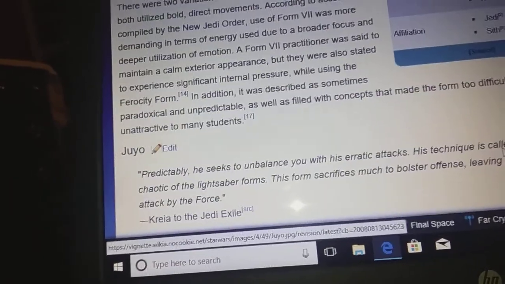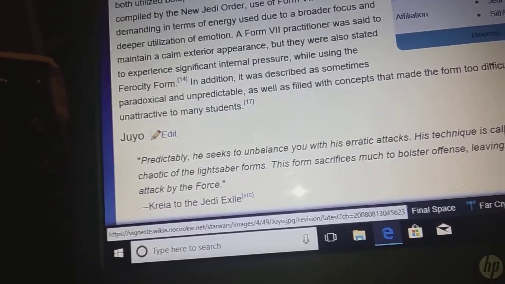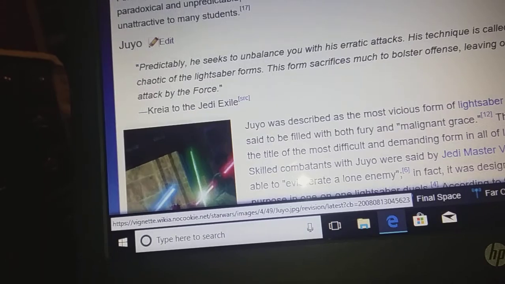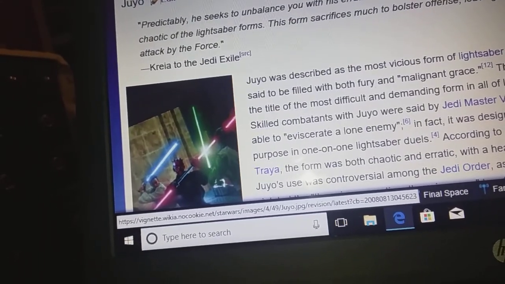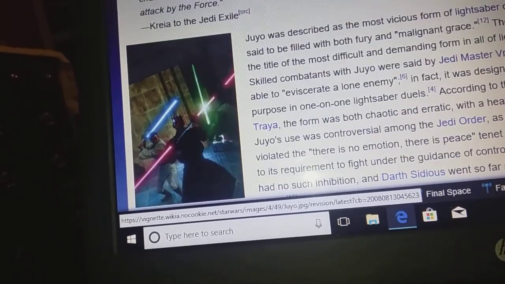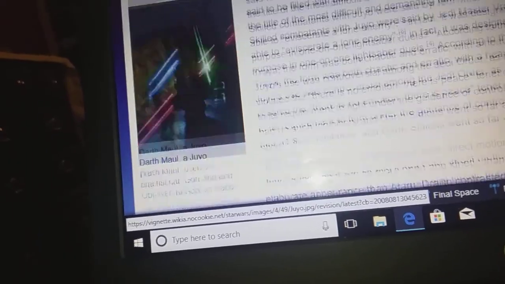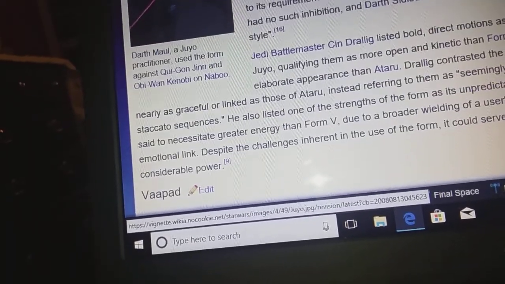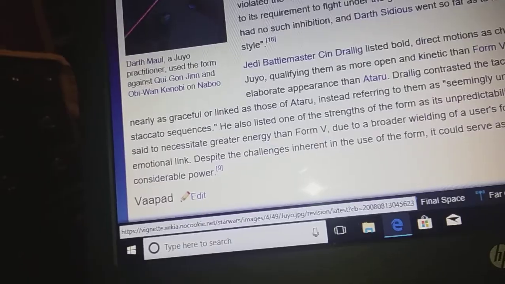Well, I think this is basically, yeah, pretty much a Sith style.